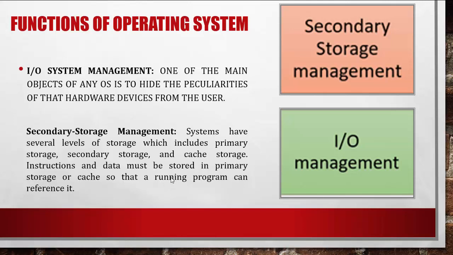So for example, if you switch on your system and connect to the internet, and you are browsing a website, say Gmail, whenever you enter your username and password the first time, you get a pop-up message asking would you like to remember this username and password.